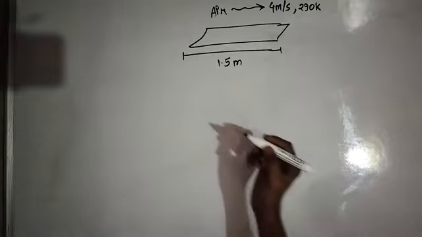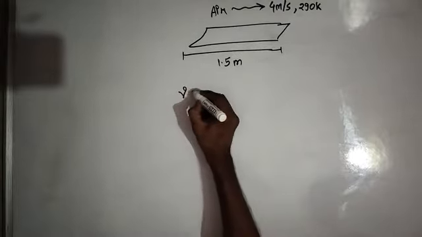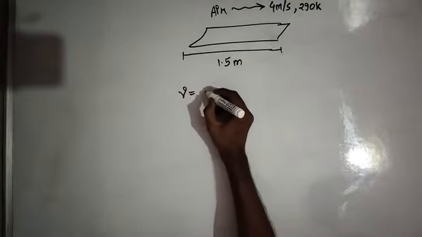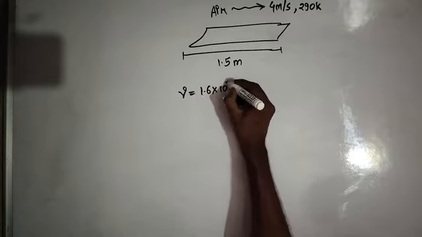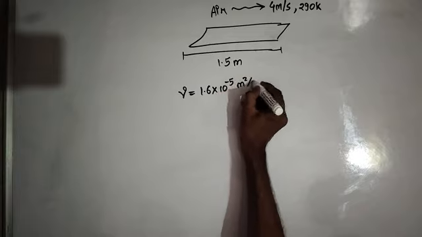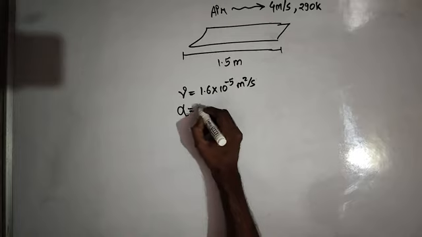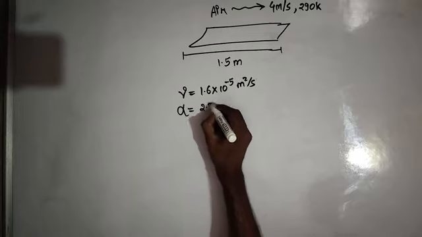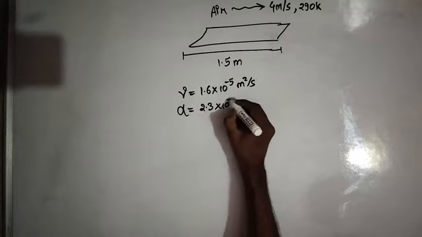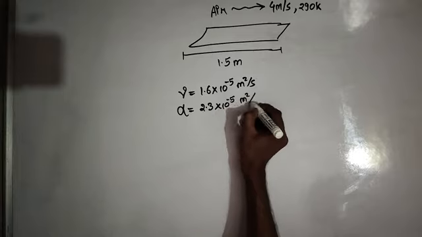We have been given some data for kinematic viscosity of air, which is 1.6 into 10 raised to power minus 5 meter square per second. And we also have been given thermal diffusivity, which is 2.3 into 10 raised to power minus 5 meter square per second.